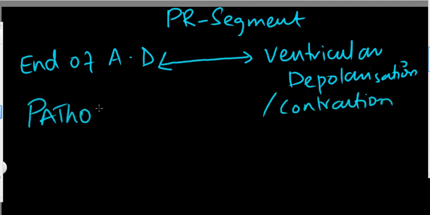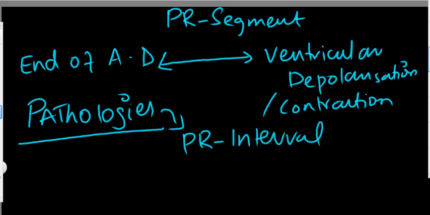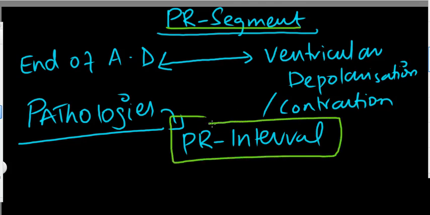In order to know the pathologies, you'll have to see that in the PR interval. These PR segments are just isoelectric lines, and you can only see the pathologies in the PR interval.